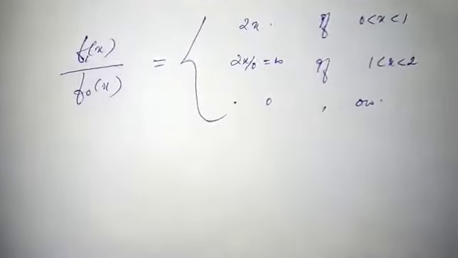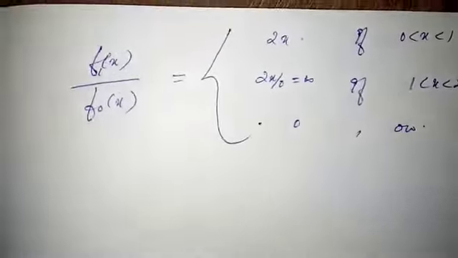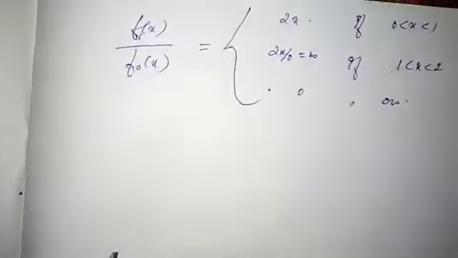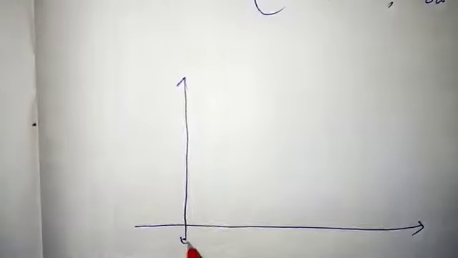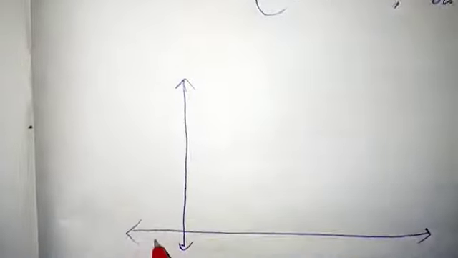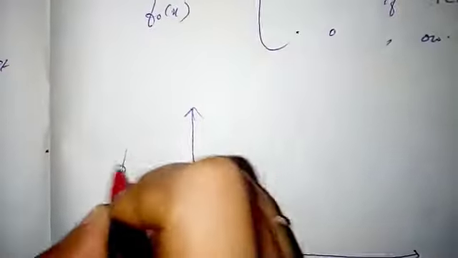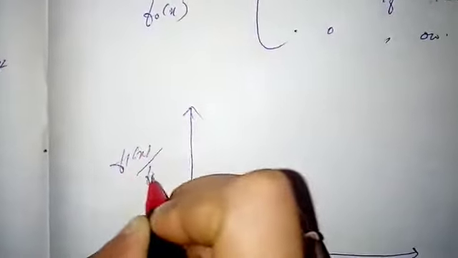For that we have to make a graph of f1(x) divided by f0(x) against the value of x.